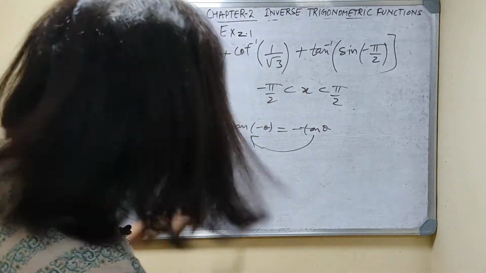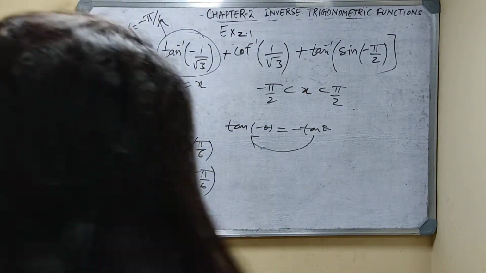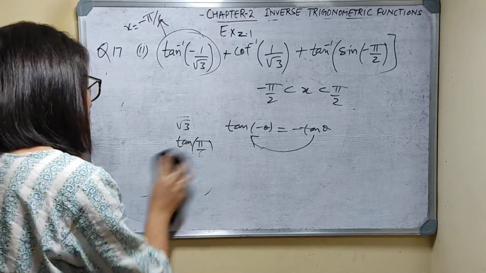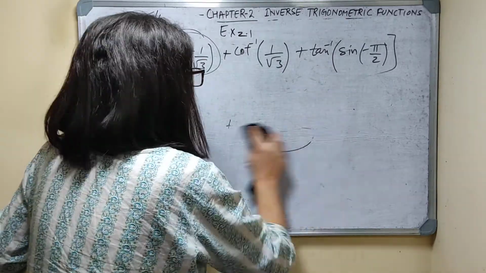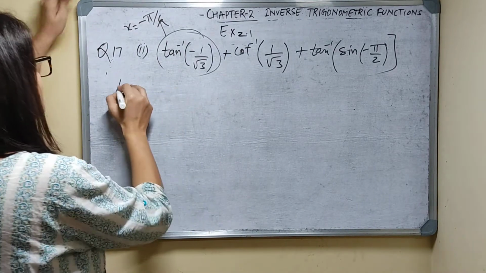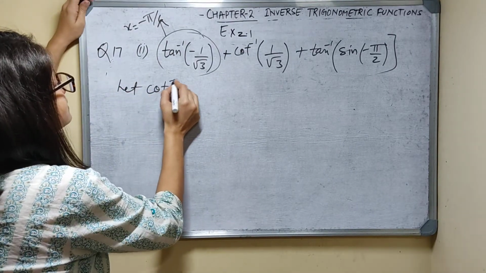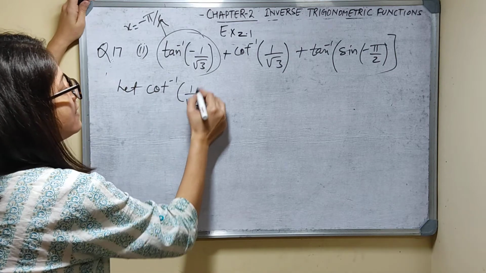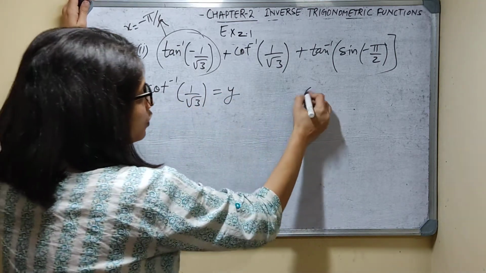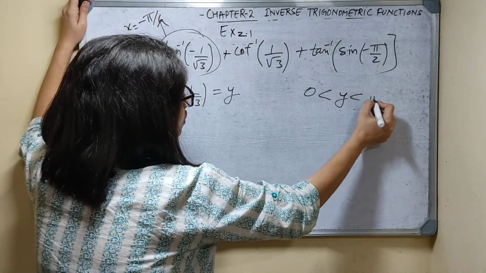Now, second, you have to do cot inverse of 1 by root 3. Let cot inverse of 1 by root 3 be y. Cot inverse lies between 0 to pi only.